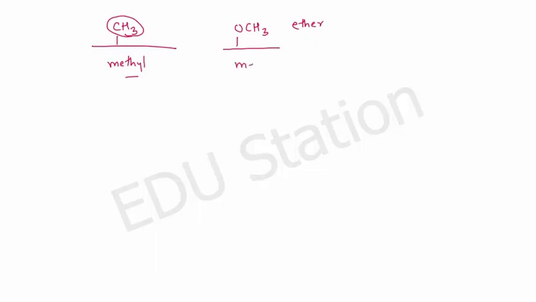It is called methoxy. Simply you have to remove YL and replace it with OXY. So if you have ethyl, 2 carbons, and you have OC2H5, instead of writing ethyl, you will put ethoxy. Ethers are always written as prefixes. They are not written at the end, they are always written at the beginning.